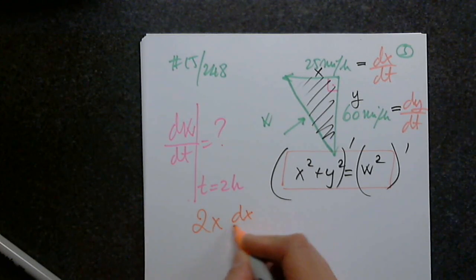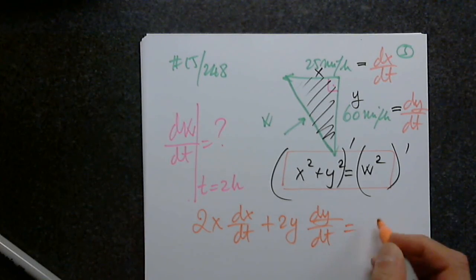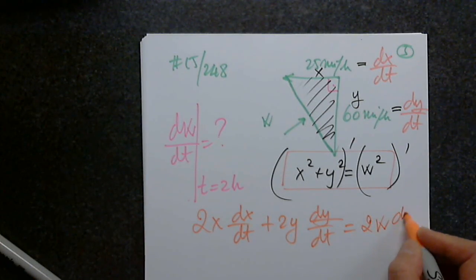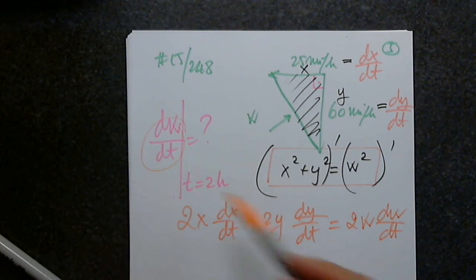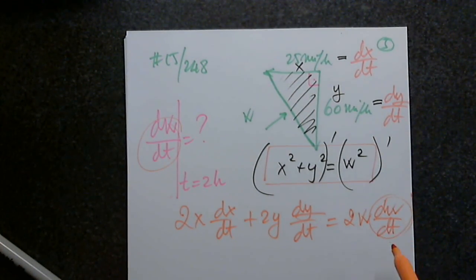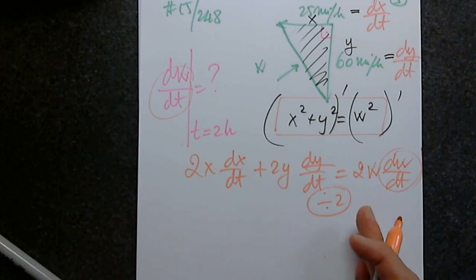Very good. Plus 2y dy over dt equals 2w dw over dt. Notice that this is exactly what we are after. But of course, after I divide both sides by 2 and by w.